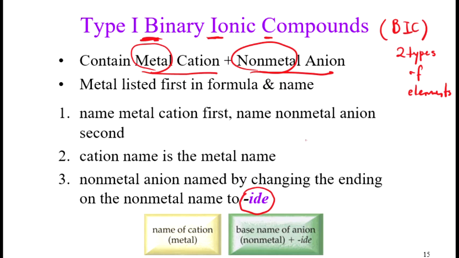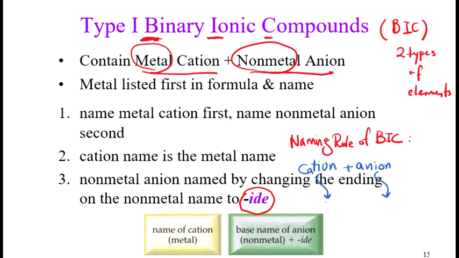So the rule is like this. Naming rule of binary ionic compounds, BIC. Cation plus anion. What was the definition for cation? Metals. What was the definition for anions? Non-metals. What was the rule for anion naming? We say non-metal plus IDE.